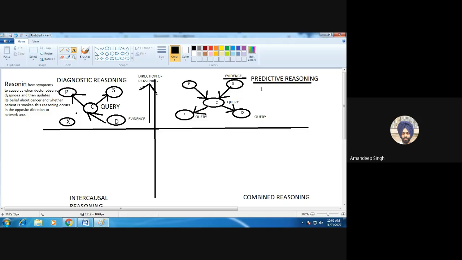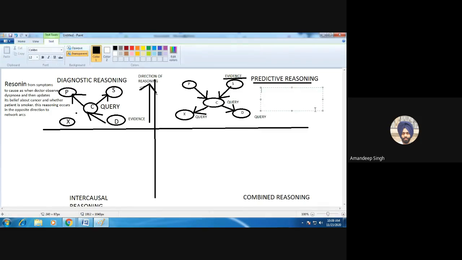Now what is happening here is reasoning from new information about causes to new beliefs about the effects.